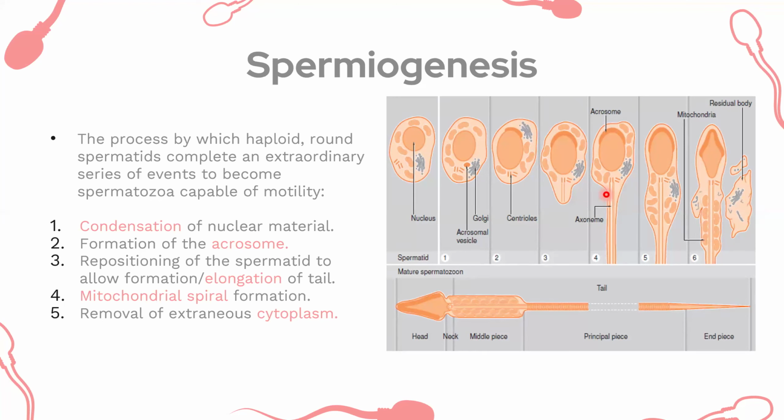However, we need a lot of energy, right? So far, all that we really have is just DNA or nuclear material and a tail. Where am I going to get the energy from? We get the energy from the mitochondria, which creates this spiral type of structure here. And as we said, it's going to produce ATP, which will create this propelling type of motion for the sperm.